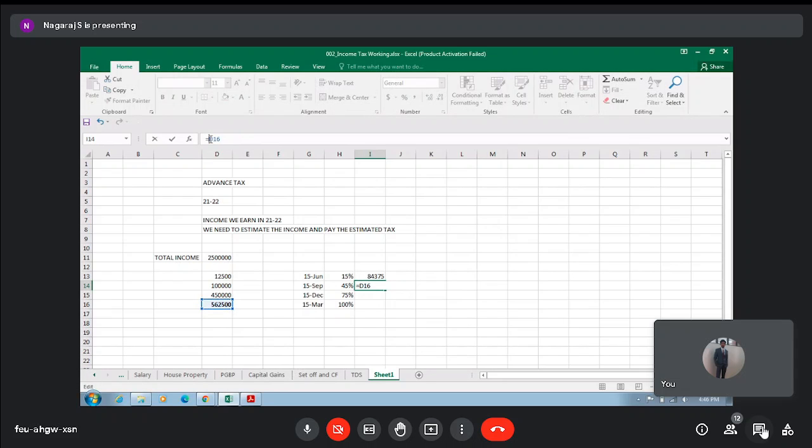You will have to pay 168,750 in the second installment. Like that, the same thing applies to the next one: total tax multiplied by 100% minus what was already paid.